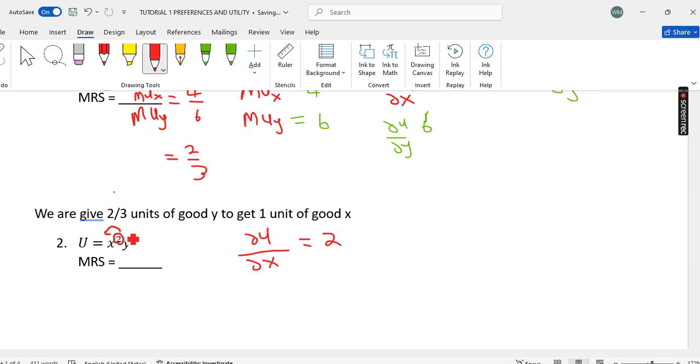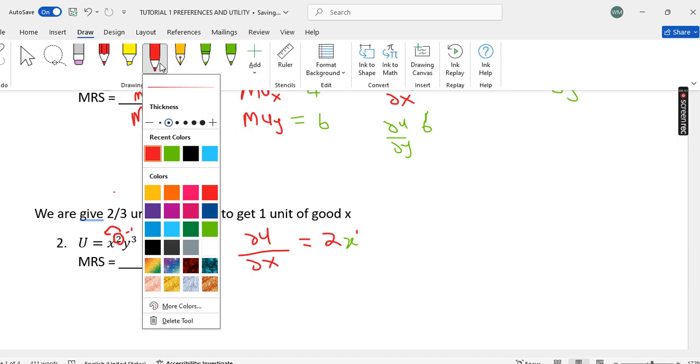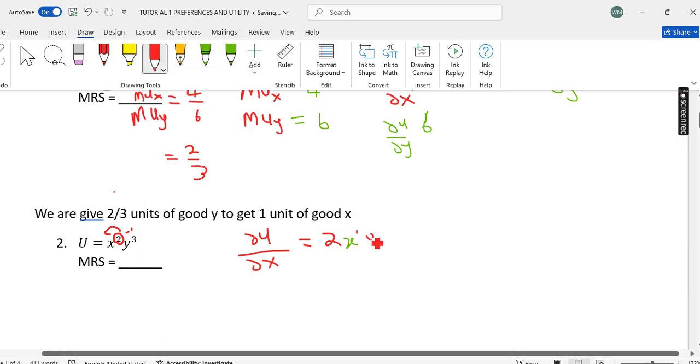Then you subtract the 1 from the exponent. 2 minus 1, that is 1. So we get 2x to the power 1. Then y stays as it is, y cubed.